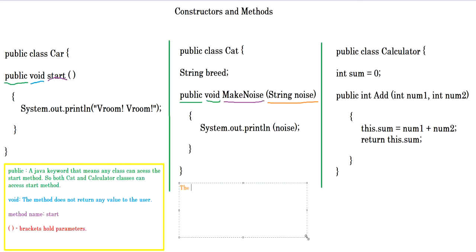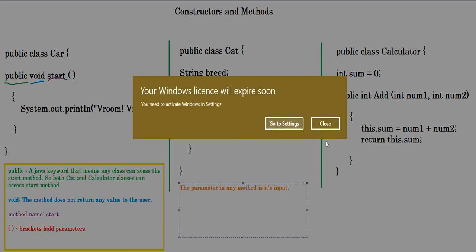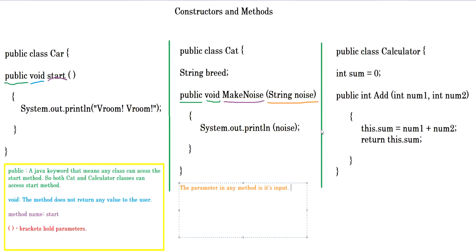The parameter in any method is its input. Alright, so here string noise basically means that noise is a variable of type string, and the user has to enter a value, a string value, because there is a parameter here. Alright, so I'm going to just explain that again.